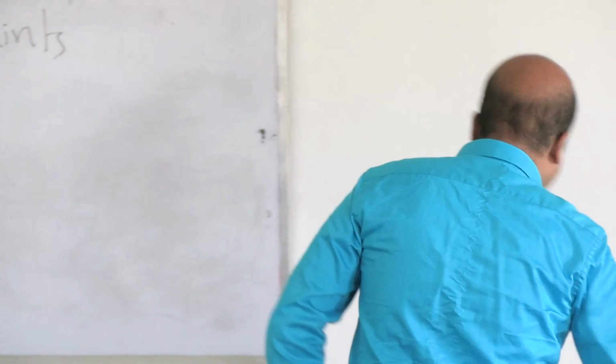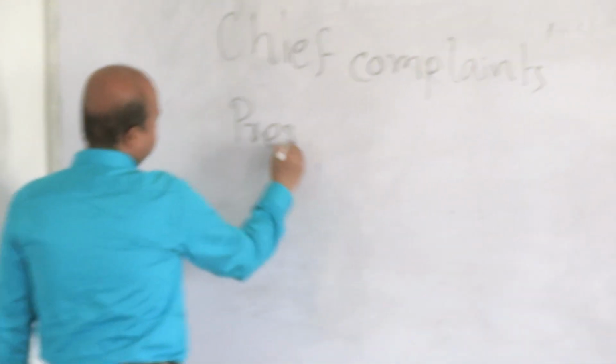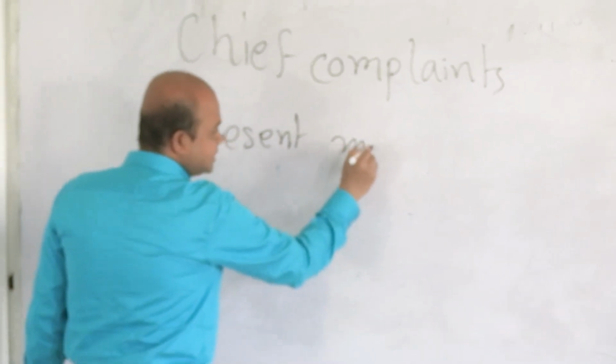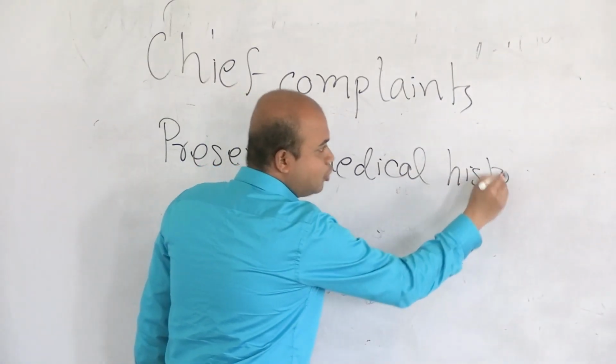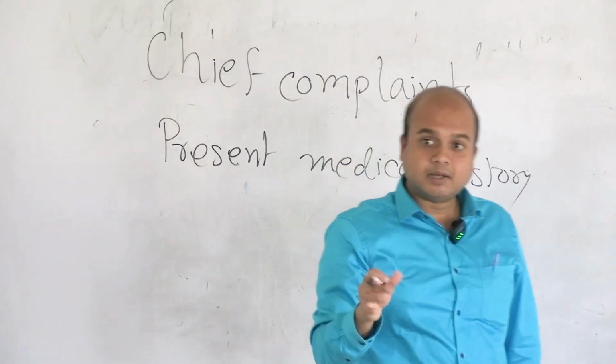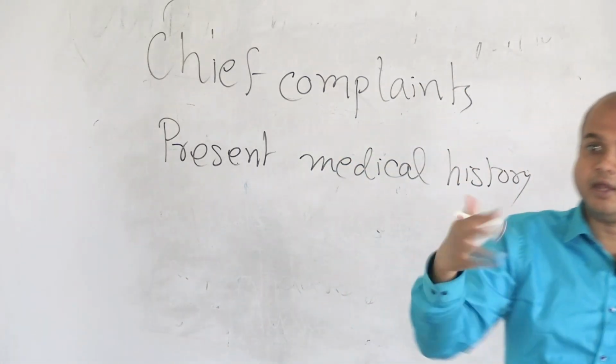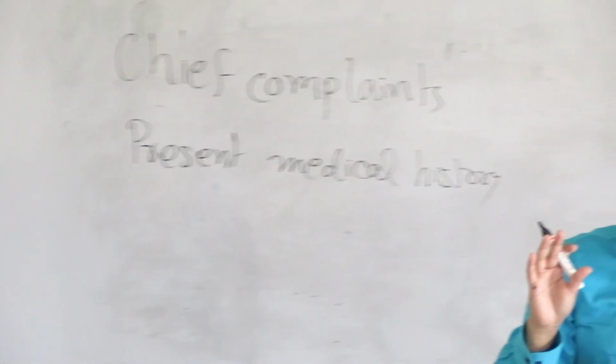So these things: chief complaints along with present history, followed by past history. Chief complaints and present medical history are somewhat related, but chief complaints will not be 20 in number. In the present medical history, the person may go on uttering 10 problems.